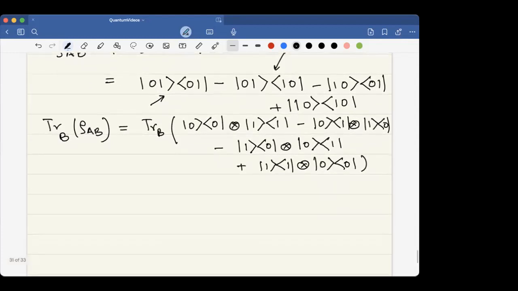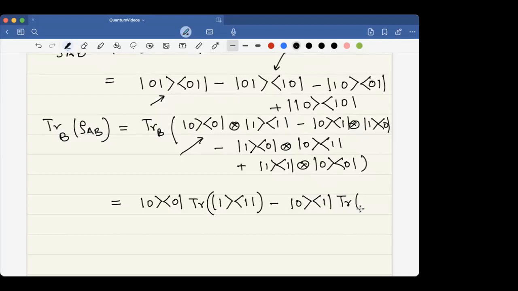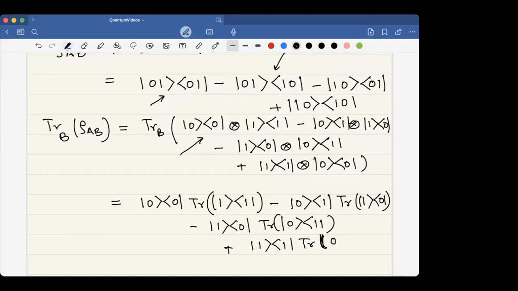Right. So now I can take in this whole operation by linearity, so this will be ket 0 bra 0 times the trace of ket 1 bra 1, and then the second one will be ket 0 bra 1 times the trace of ket 1 bra 0, and then minus ket 1 bra 0 times the trace of ket 0 bra 1, and plus ket 1 bra 1 times the trace of ket 0 bra 0.